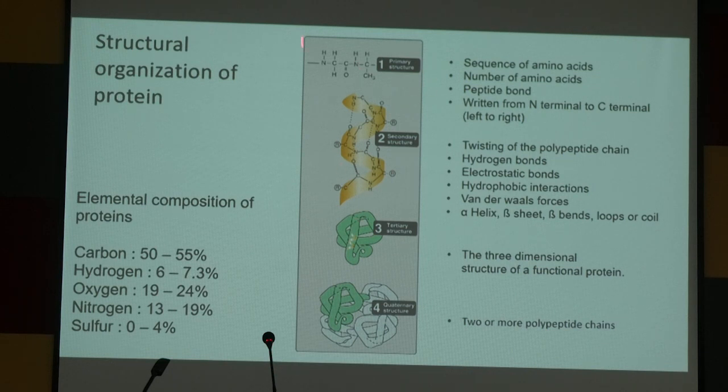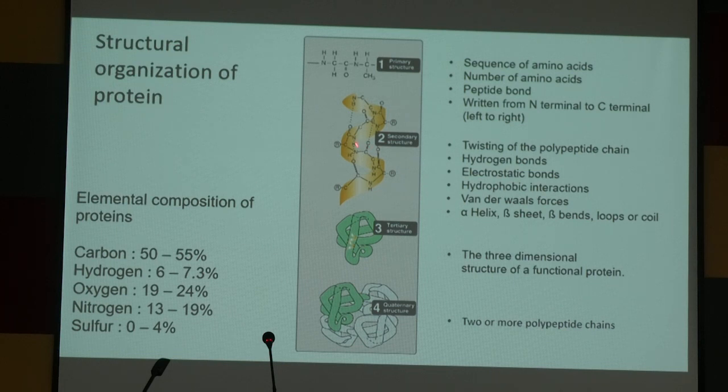So in primary structure, two things are important. One is the sequence and the number of amino acids. They are connected by peptide bonds. And this primary structure can also sometimes contain what kind of bond? I just said. Well, disulfide bonds.